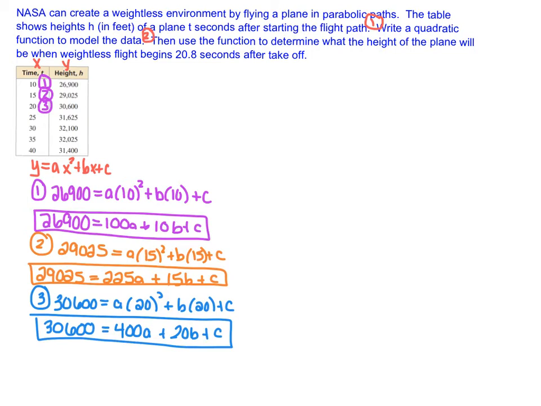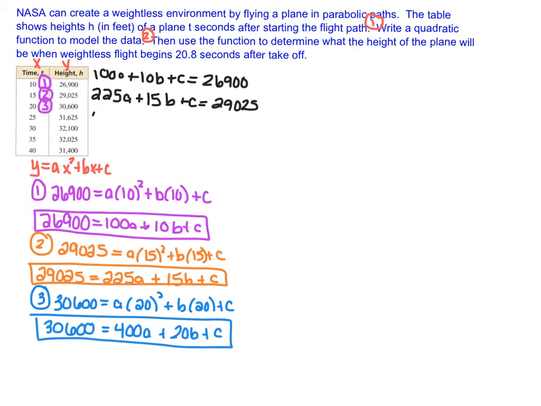So I'm going to write my three equations up above, and I'm going to write the variables first just because I like how that looks a little bit better. So I have 100a plus 10b plus c equals 26,900. I then have 225a plus 15b plus c equals 29,025.